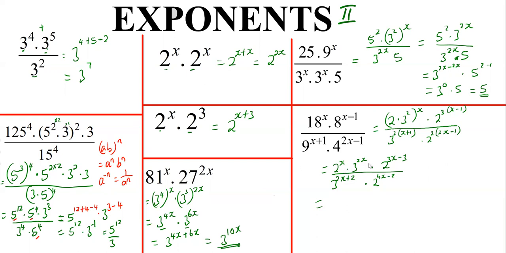Not final as yet, but what do we see now? We're going to see the 2. We have a 2 here, we have a 2 here, we have a 2 here. So we're going to say, okay, our 2 is our base. Then we have got x. Since these two are multiplying, we add them. So it's going to be plus 3x minus 3. Okay. Then what about here? It's division.